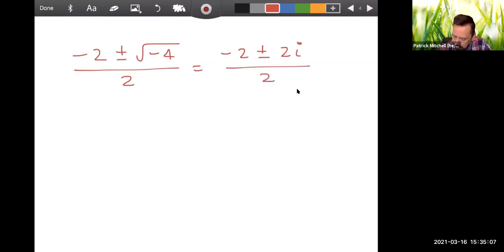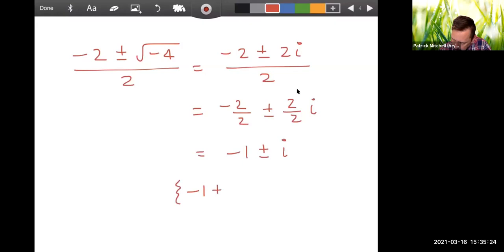If you break that into two fractions, what you get is negative 1 plus or minus i. So the two solutions of this equation are negative 1 plus i and negative 1 minus i.